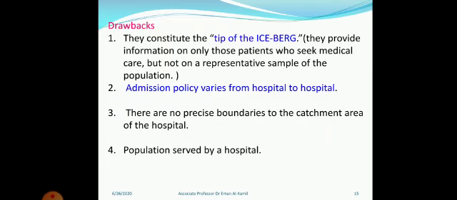There are no precise boundaries to the catchment area of the hospital. In the well-developed countries, there are hospitals for each geographical area. So each hospital covers a certain geographical area, and all the hospitals should have the same level of health services, as we mentioned, for the provision of what is called health equity.